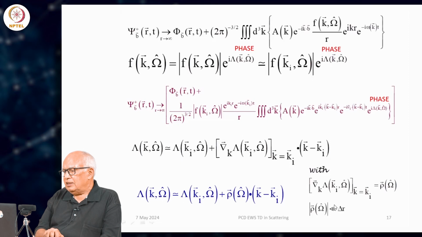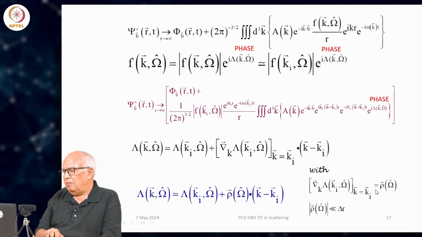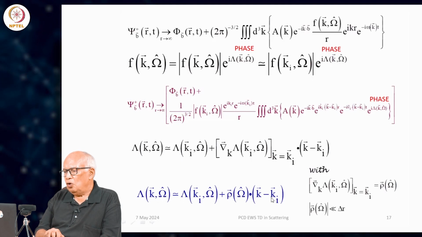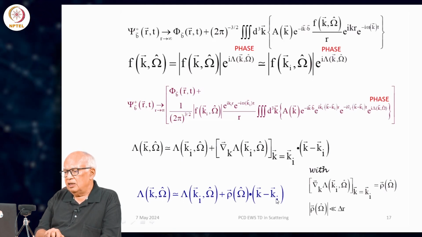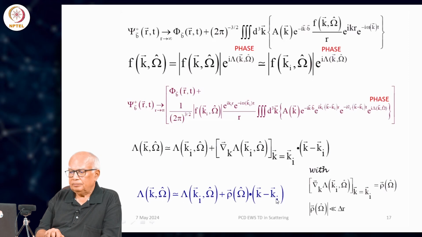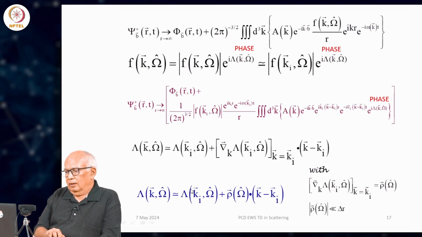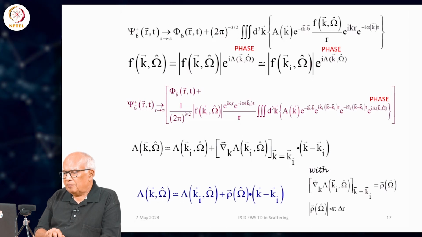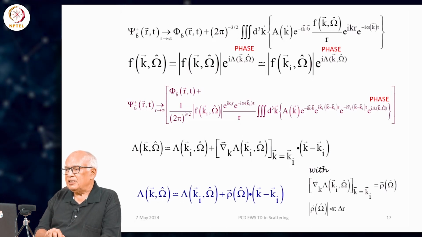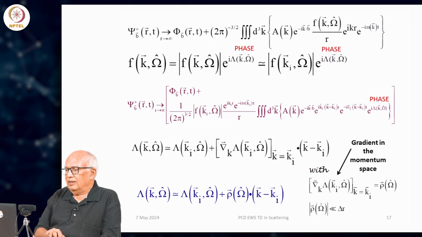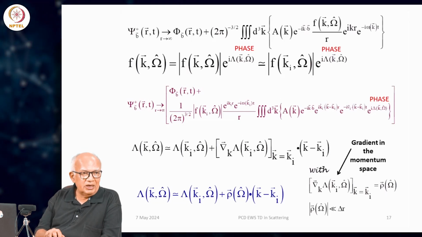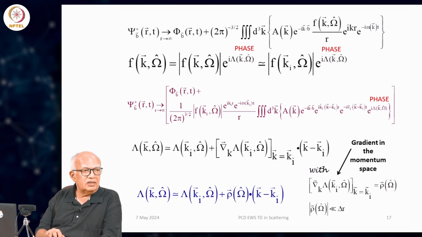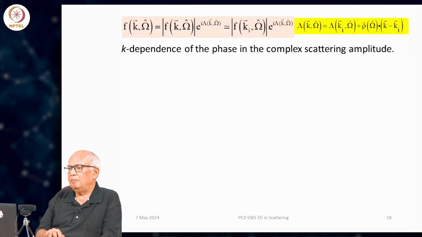So, I represent this gradient of lambda by a distance which is rho, and I have this rho dot displacement vector. Okay. This is the beautiful result. This is the gradient in the momentum space, mind you, which is what gave us the distance in the numerator.